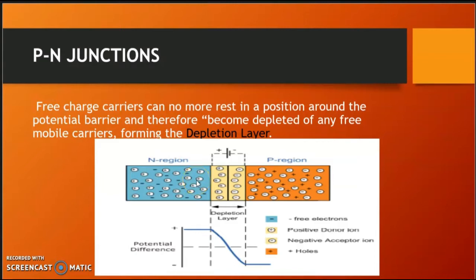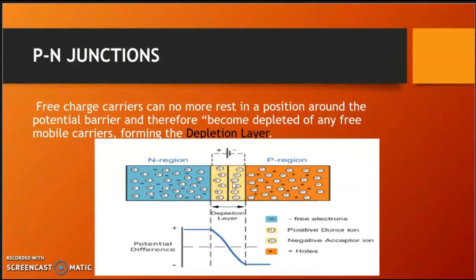From this diagram, you now see the N region, the N type, which has electrons as majority carriers, and the P type, which has holes as majority carriers. These in the middle were not able to move to the opposite material, so they are stuck in the middle, found in between the N type and the P type.